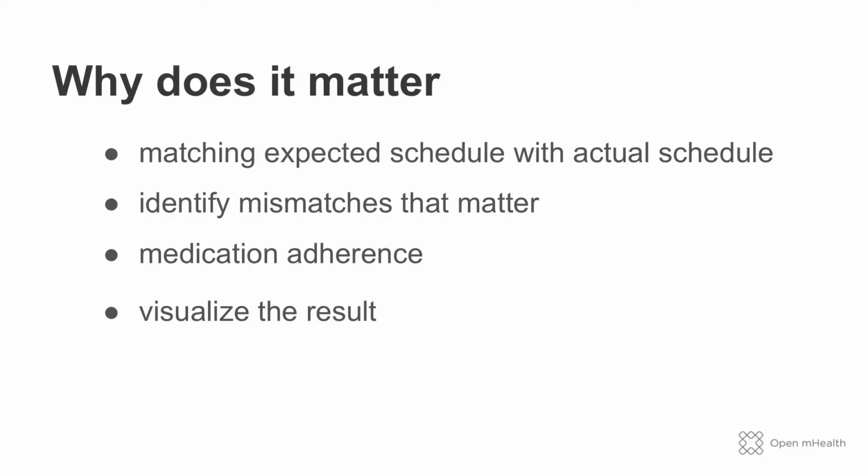Okay, why does this matter? Because what we call adherence is trying to see how we match what the person did, or what happened, with what was supposed to happen. And the mismatches are where the interesting space is for this problem, medication adherence.